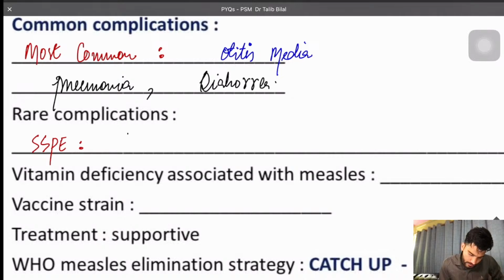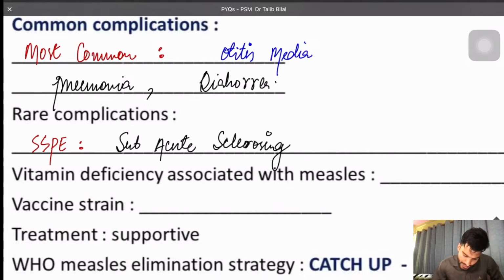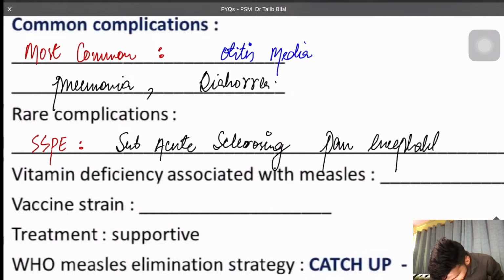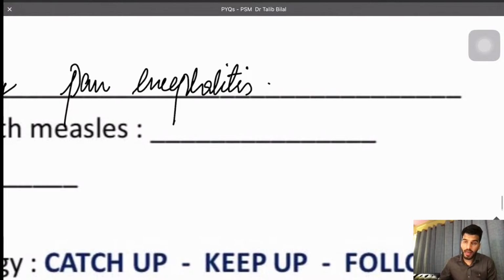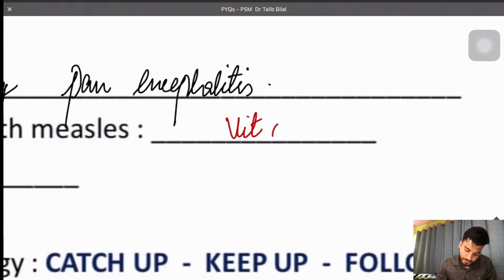So write it down. Subacute sclerosing panencephalitis. Okay, the vitamin deficiency associated with measles is vitamin A.